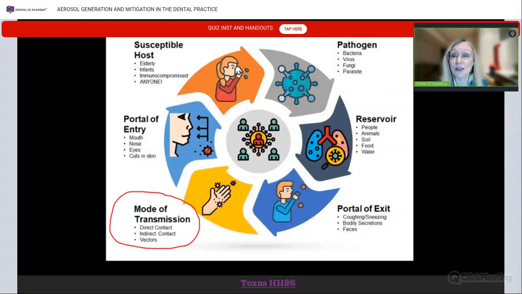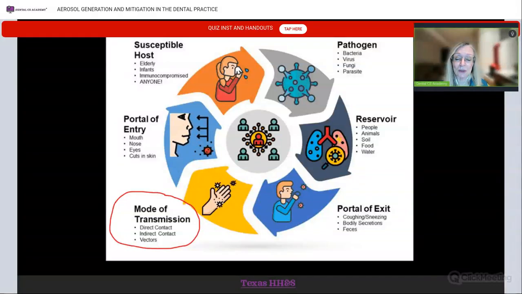And we're trying not to give it a whole lot of help in our dental practices, but you'll see that the number one mode of transmission would be your hands. And even though you're wearing gloves, your hands can still transmit infection. So one of the courses that I do provide is effective hand hygiene. It's important. So gloves don't save us.